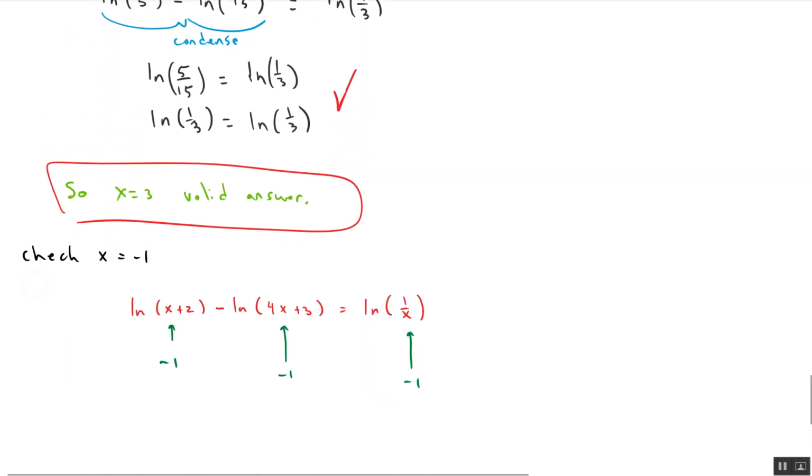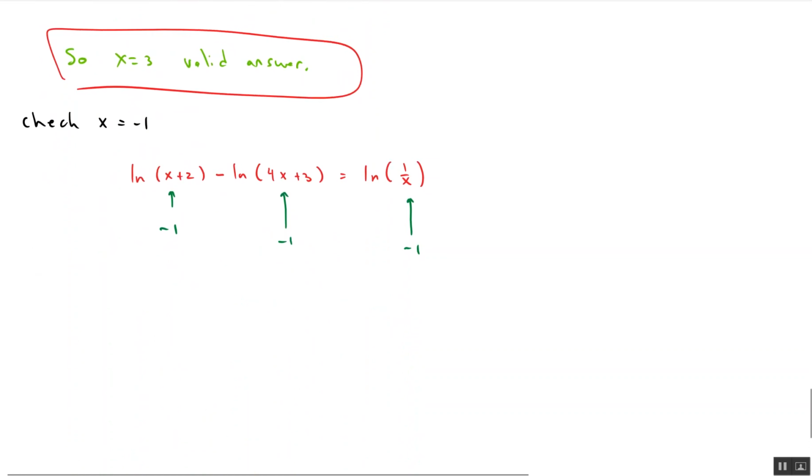So now let's check x equals -1. This is our final check. X equals 3 is a valid answer. We're good to go. But now we're going to plug in -1 into our original equation, which is here in red, and see what we get. So the ln of -1 plus 2 minus the natural log of 4 times -1 plus 3, that equals the natural log of 1 over -1.